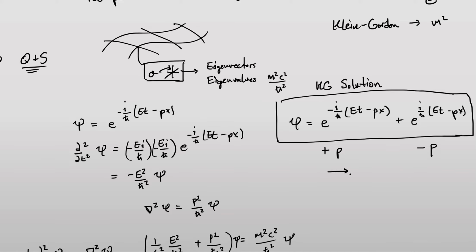So if we were to consider this to be the positive direction, the particle in this case is moving in that direction. If we're taking this to be the positive direction, then the particle is moving in this direction for the negative momentum solution. So out of all of this comes this type of solution.